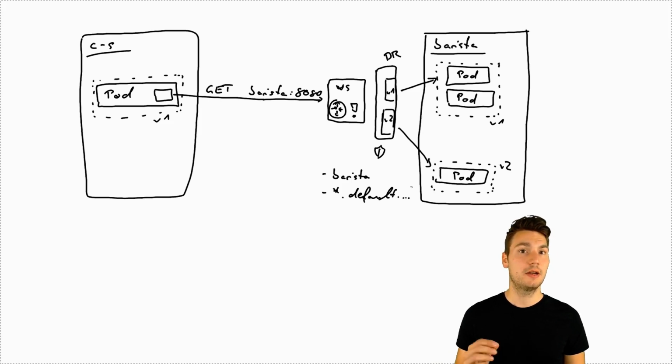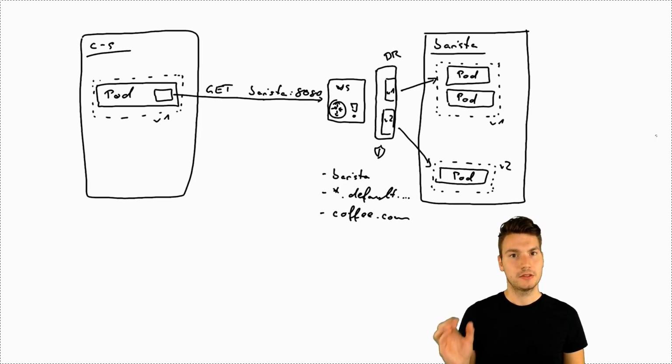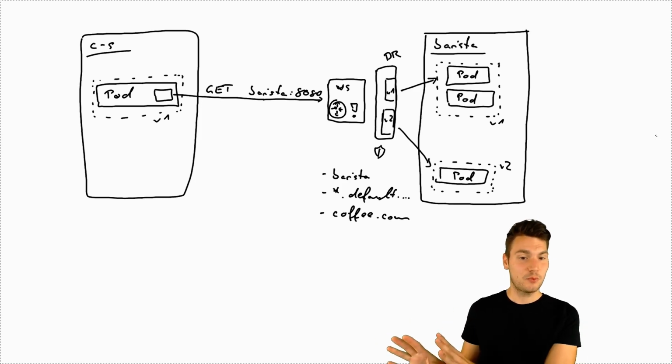Similarly, and we will talk more about that in a moment, we can also define these rules for external services that are now part of our service registry. For example, coffee.com. So that is the reason why I visualize this in that way.